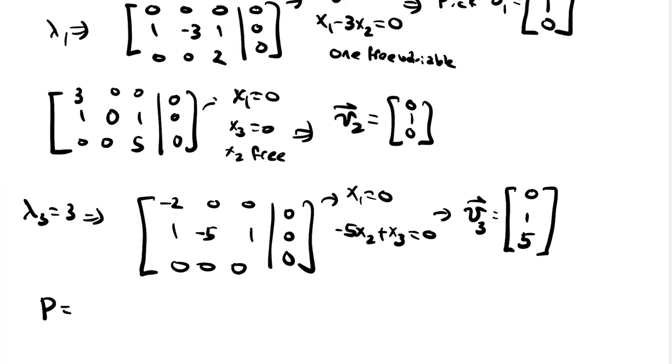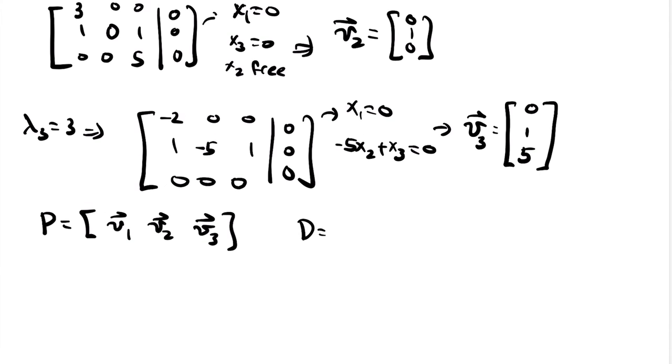So P has columns given by these eigenvectors, and D is lambda 1, lambda 2, and lambda 3 along the diagonal.